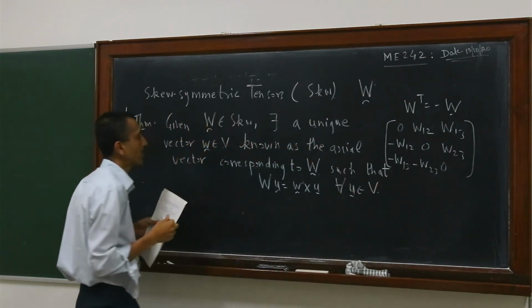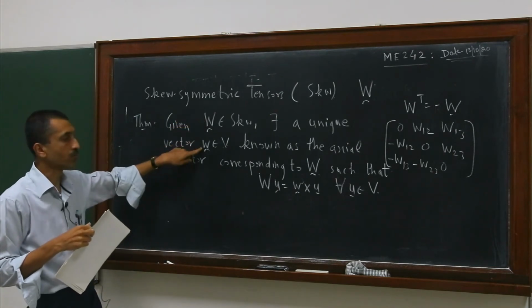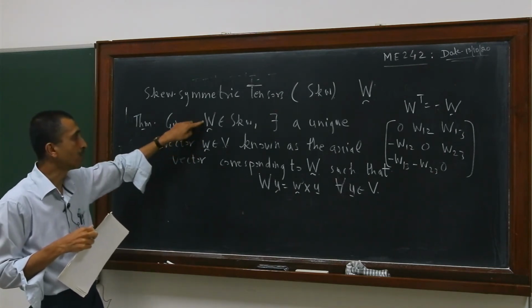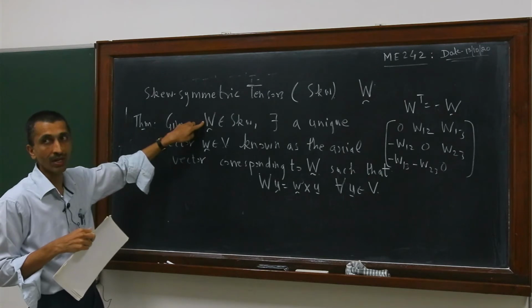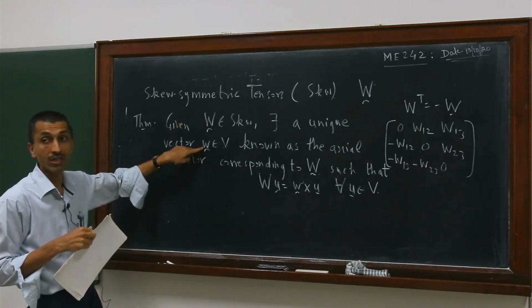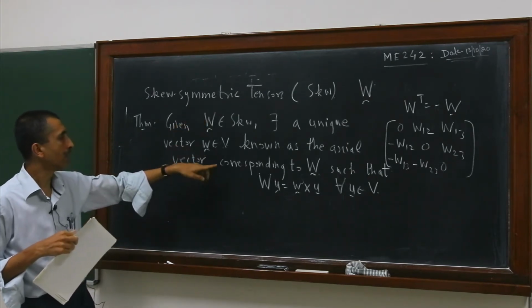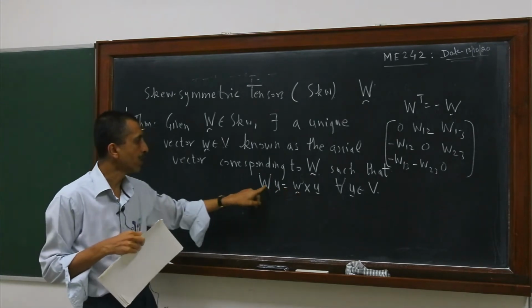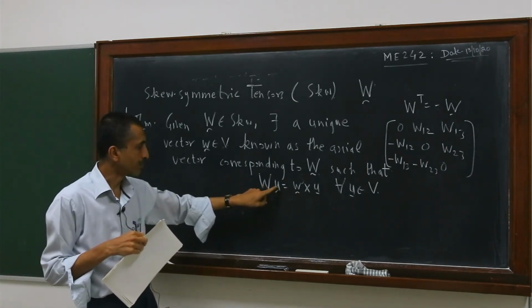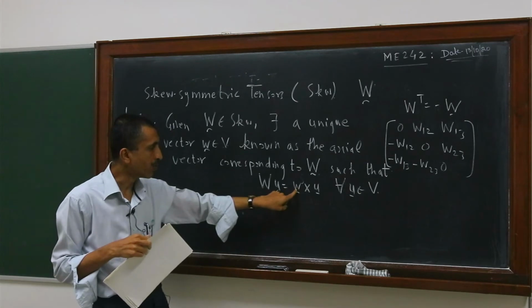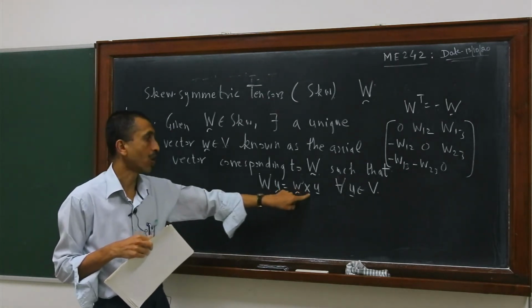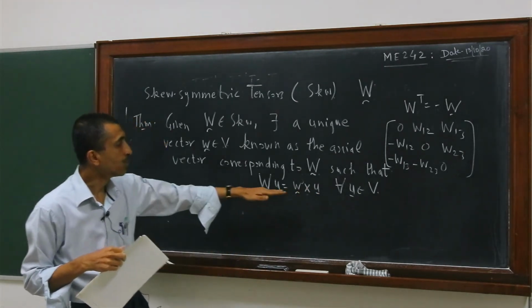Here do not confuse the capital W and the small w. The capital W stands for the skew symmetric tensor, and the small w is a vector. So capital W times u is equal to small w, which is the axial vector, cross u, and u can be arbitrary.